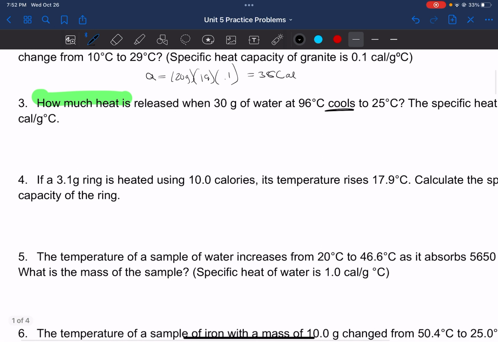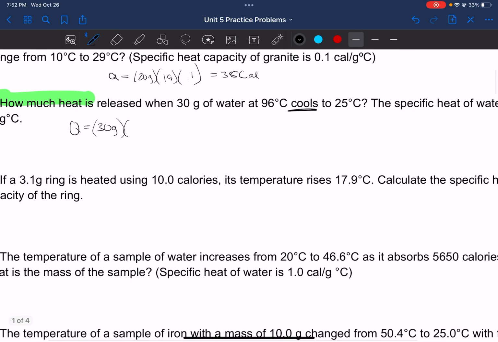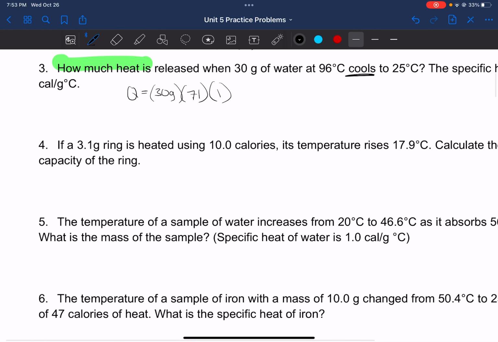So it'd be Q equals 30 grams times 71. And then 1.